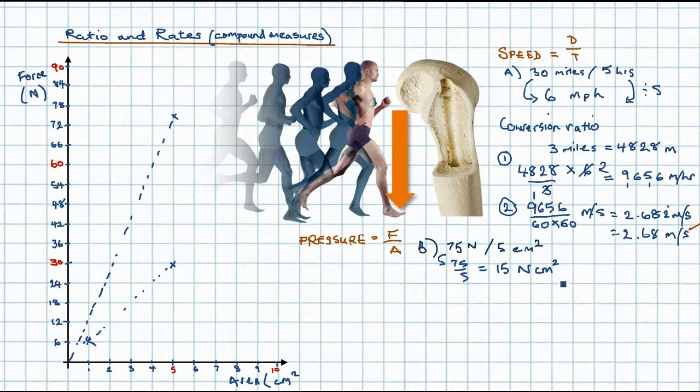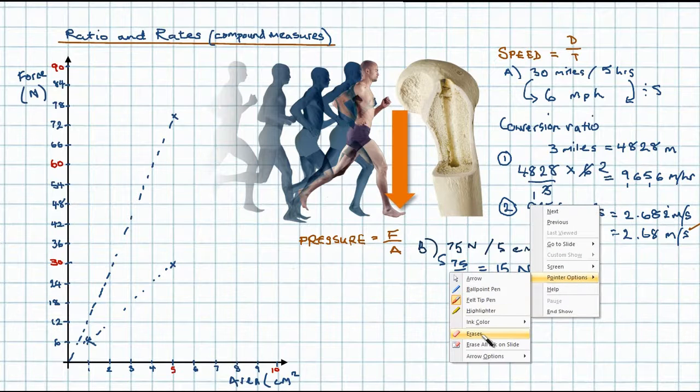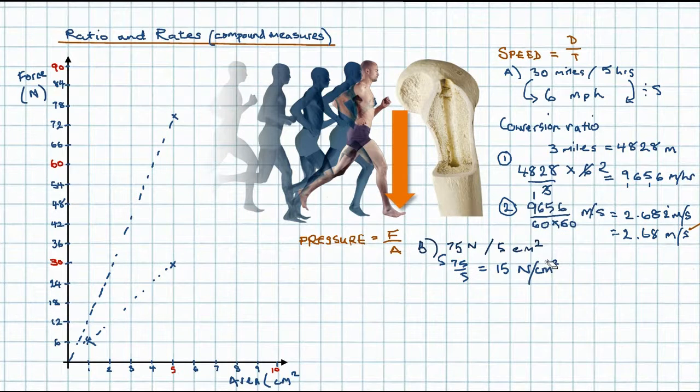So divided by area. So 15 newtons per square centimetre. Sometimes you'll see it like that, but usually we just use a forward slash like that. Okay, so 15 newtons per square centimetre.